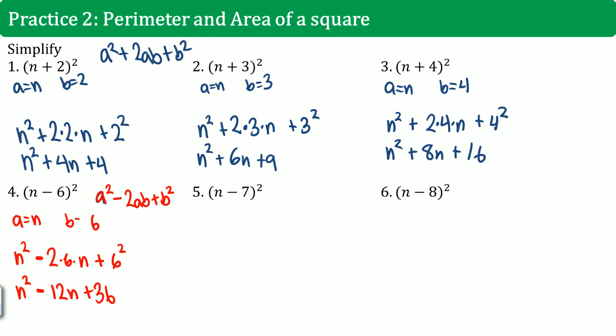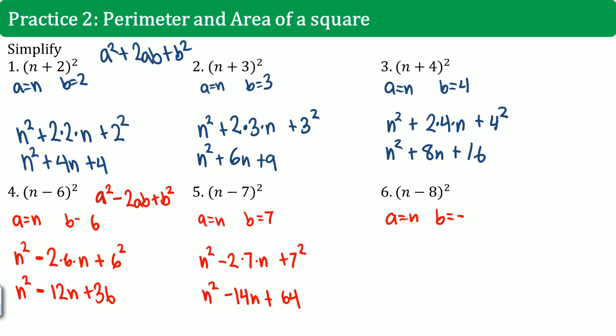So for this one, same thing. A equals n, b equals 7. You get n squared minus 2 times 7 times n plus 7 squared. You get n squared minus 14n plus 7 times 7... So for n minus 8 squared, a equals n, b equals 8.